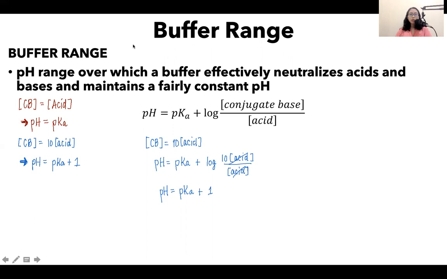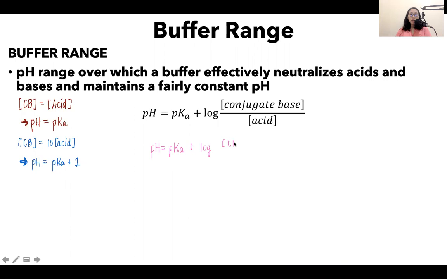Now, we can also consider another scenario. This time it's the concentration of the acid that is 10 times the concentration of the conjugate base. So you have an acid that has a higher concentration than that of the conjugate base.